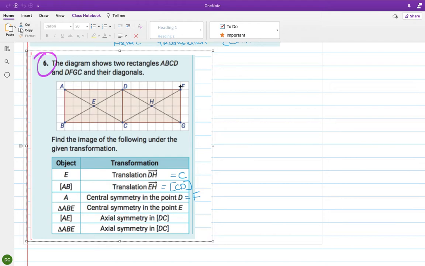Triangle ABE. ABE, where is that? Here. Central symmetry in the point E. There's your point.